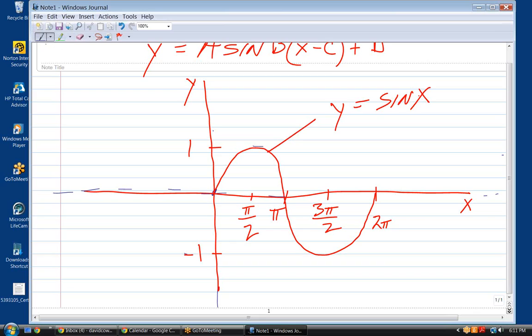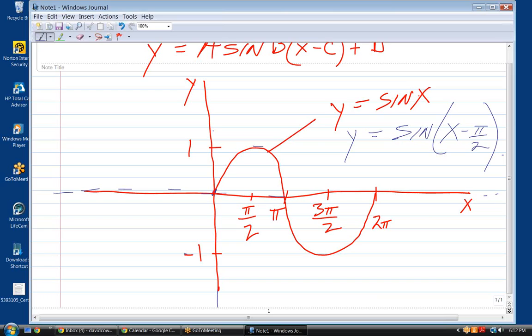It does not change the shape of the curve. If I said the sine of x minus pi over 2, then C is pi over 2. And a positive phase shift means I move it to the right.